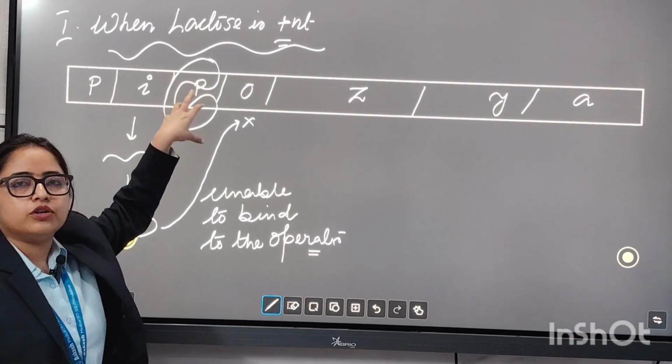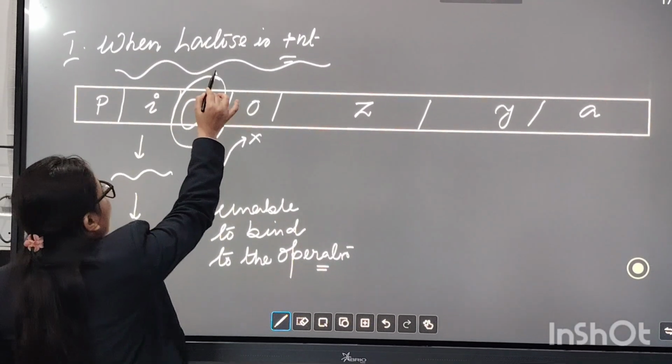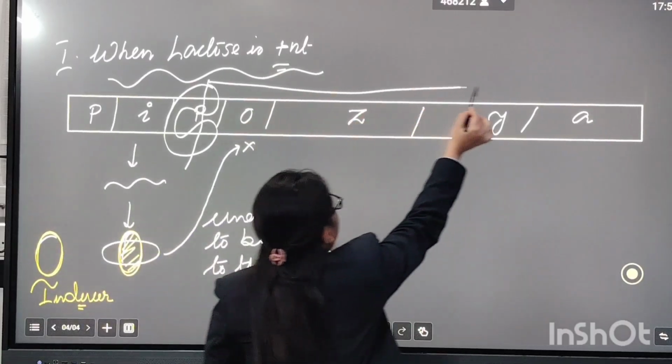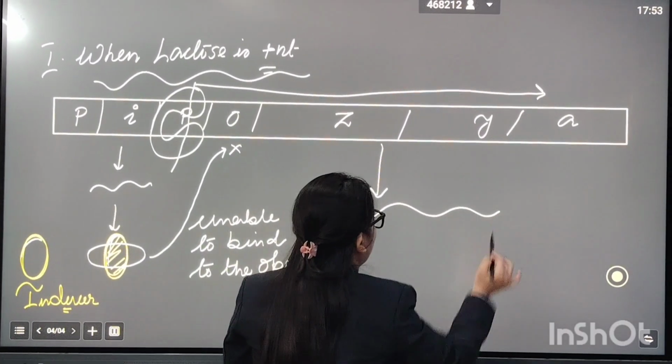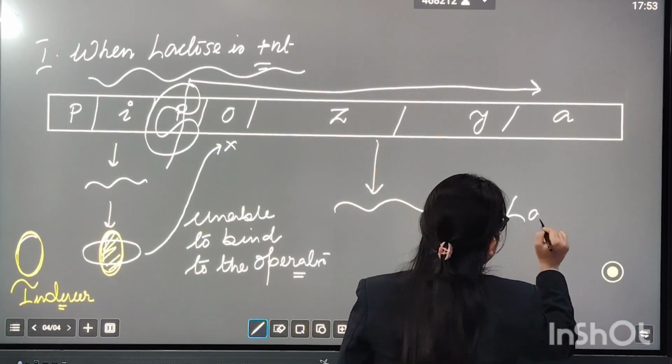And what will it do? It will transcribe all the structural genes.